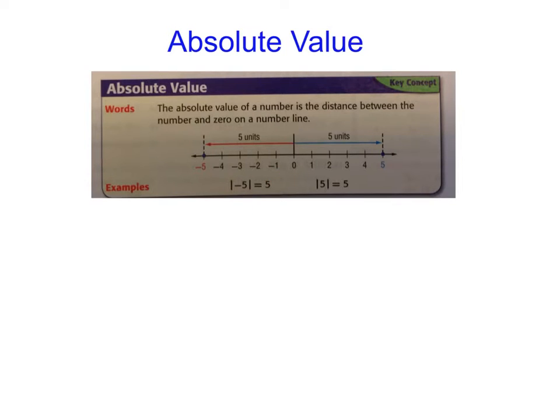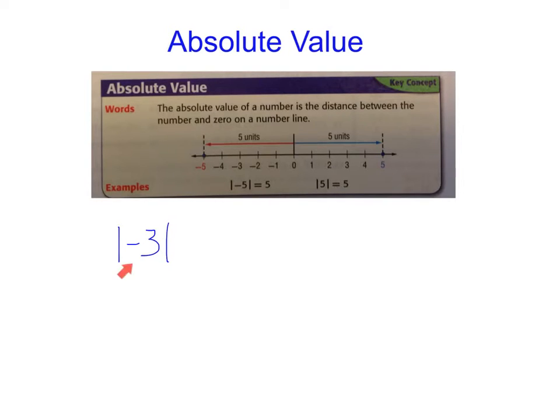Now if we go to the other side of the number line and we go to positive 5, the absolute value of positive 5 would be the same number actually because it's 1, 2, 3, 4, 5 units or 5 numbers away from 0. So we'd write that the same way. The absolute value of 5 is 5.